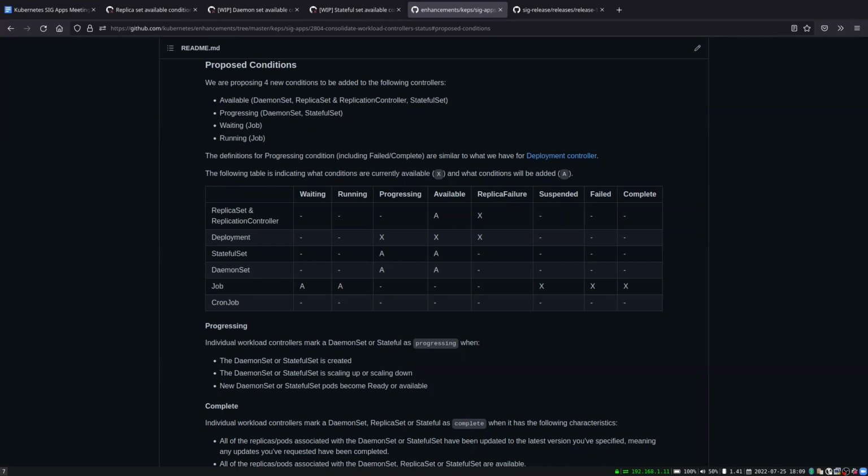And in the case of deployment, when we are doing a new rollout, we have max unavailable. So this is taken into account when deciding if the available is true or not. So when we are rolling out, the deployment still can be considered available, even if some of its replicas are not.